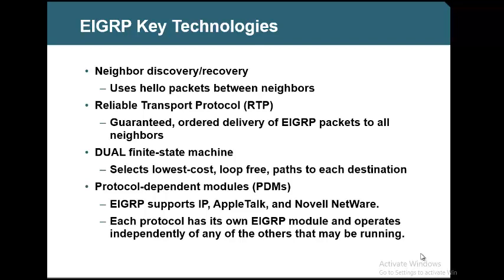In EIGRP, it is the DUAL algorithm which picks the path with a low cost. Not only that, the path that it picks also needs to be a loop free path. For every destination, the routing protocol has to recommend a path which is low cost as well as loop free. Very important.